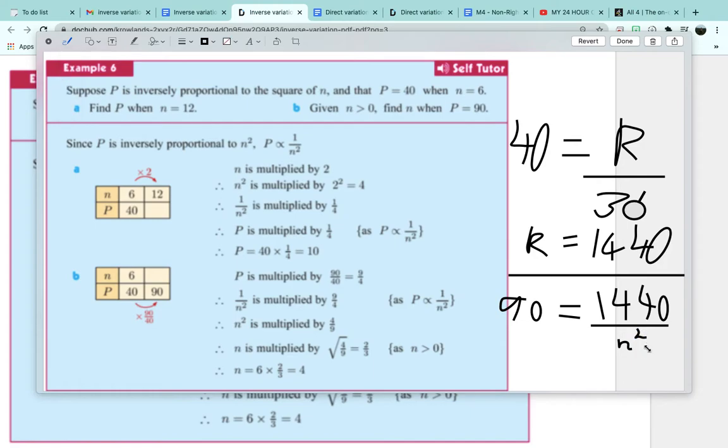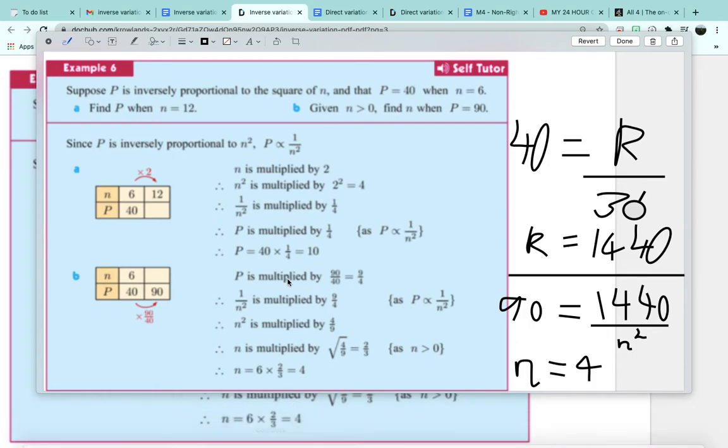N squared then can be moved to the numerator of the left hand side and the 90 can be moved to the denominator, we're going to get that n is equal to 1440 divided by 90, then square rooted. N is simply going to be 4.